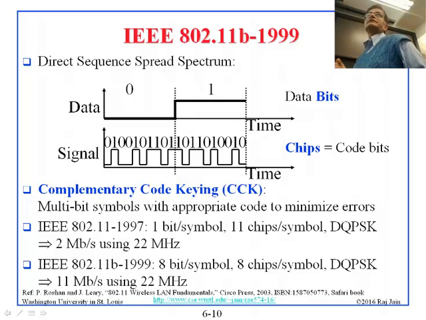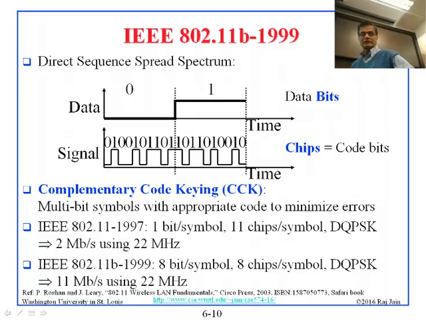So that gives you 11 mega chips per second. And then you divide that by 11. Basically, you should get 2 megabits per second. So you will get 2 megabits per second using 22 megahertz.